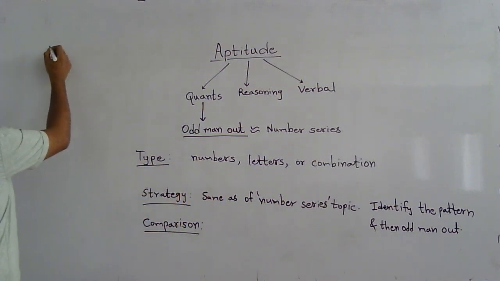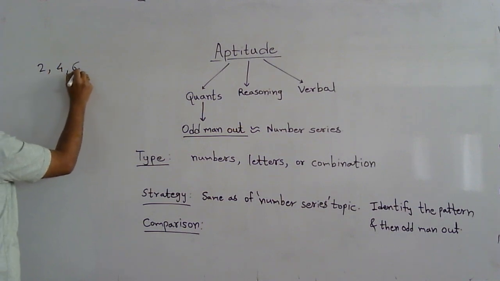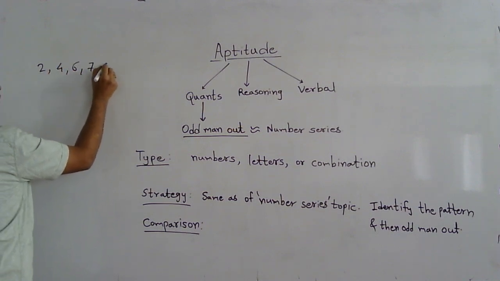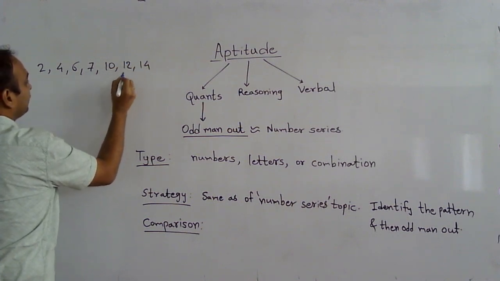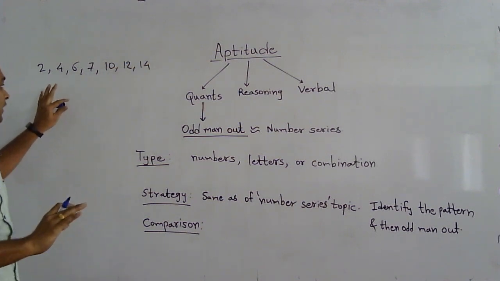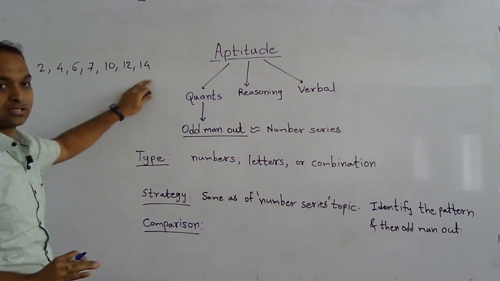In this, say we have the series 2, 4, 6, 7, 10, 12, 14. We have to find the odd term out of all these terms.